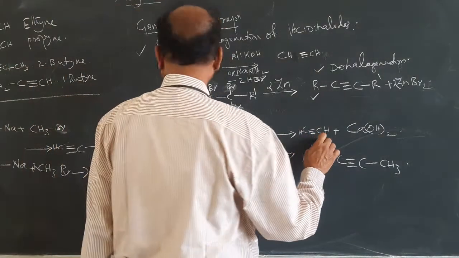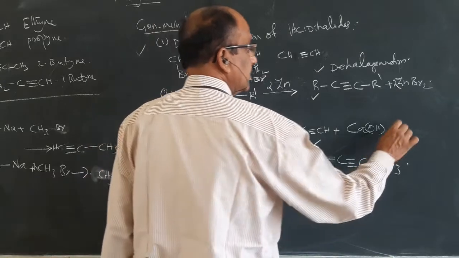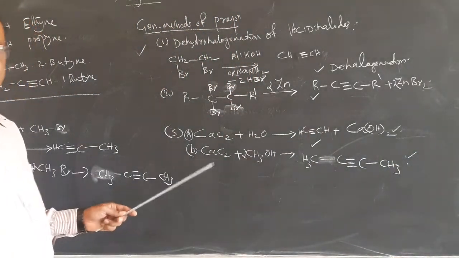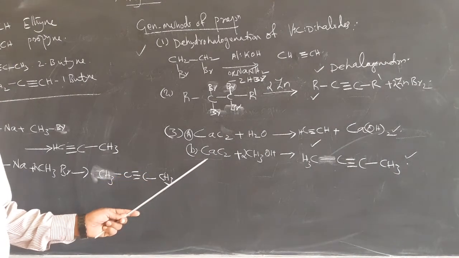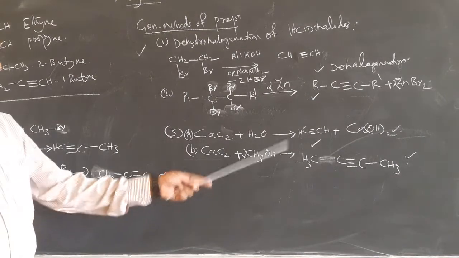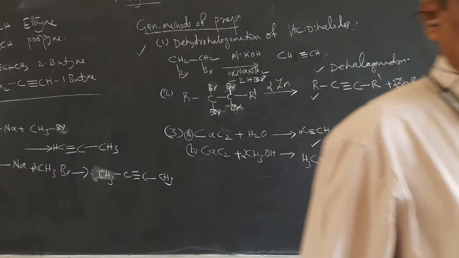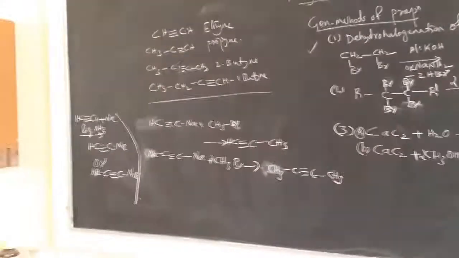This is acetylene, known as ethine. Calcium carbide is a very important compound. Such a method is very simple, and it is also given in the syllabus.